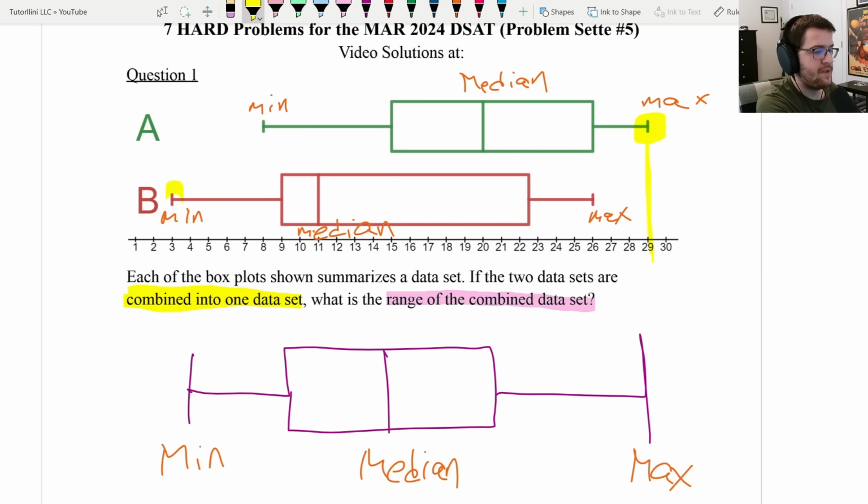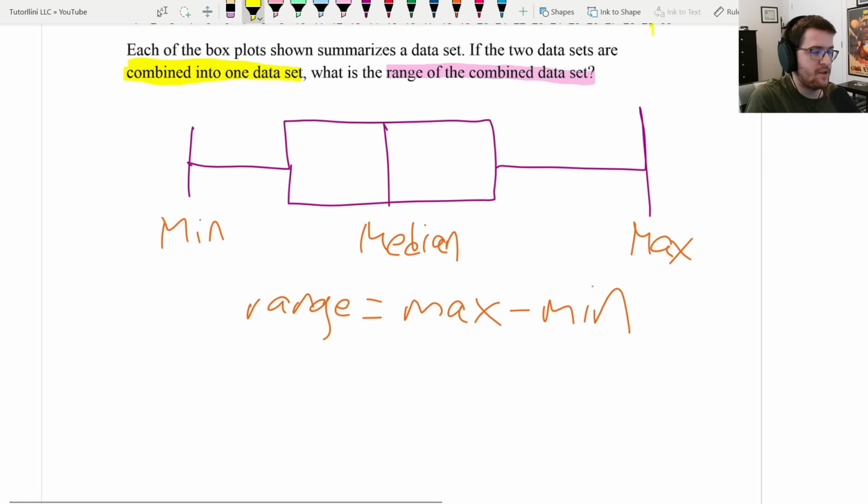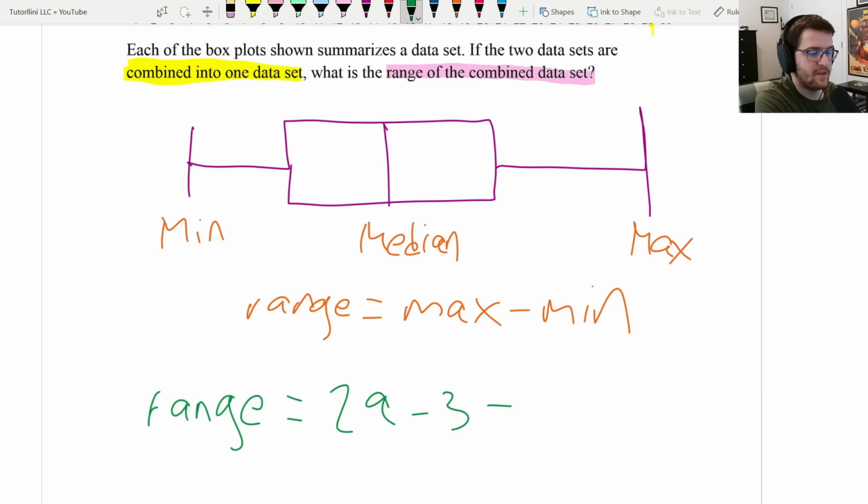So that would be this guy here, which is 3. So the range of the combined data set will be max minus min. So 29 minus 3, which is 26, and that is our answer.